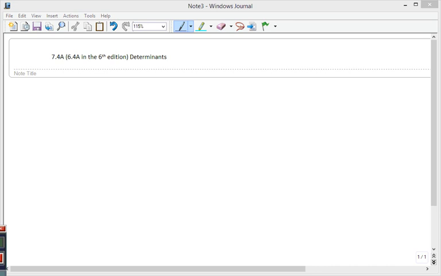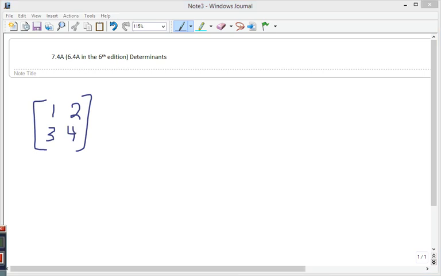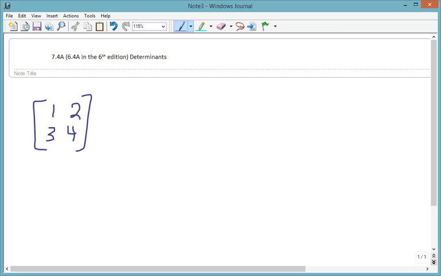So a matrix usually has these square brackets, right? You see that they come in on the edges, right? It's the actual bracket. A determinant, if we want just the determinant, we just use the straight up and down line. So it's like saying the absolute value, right?